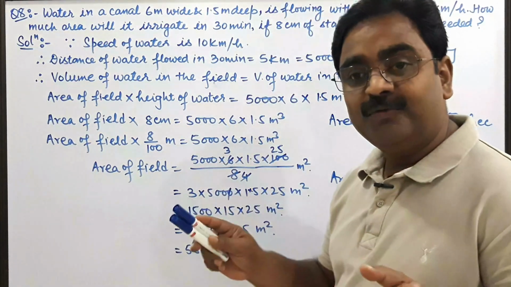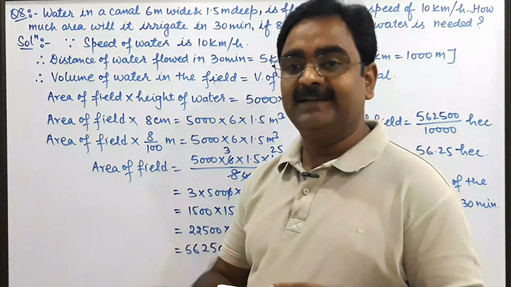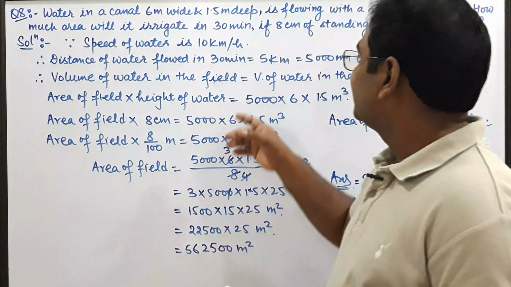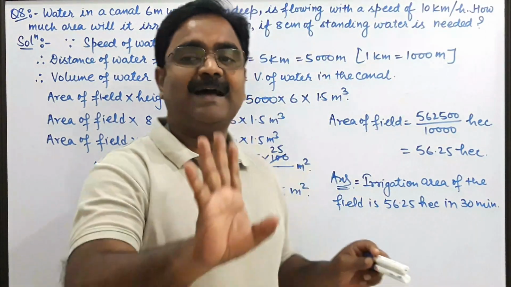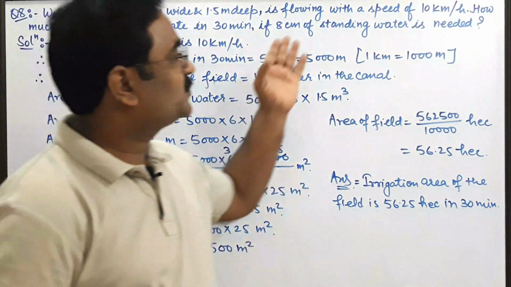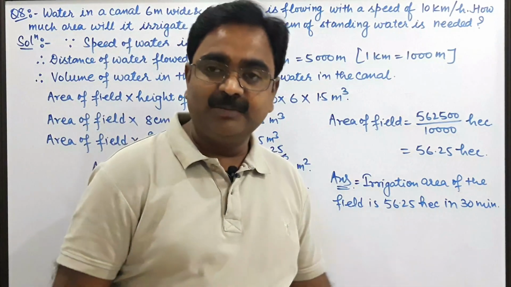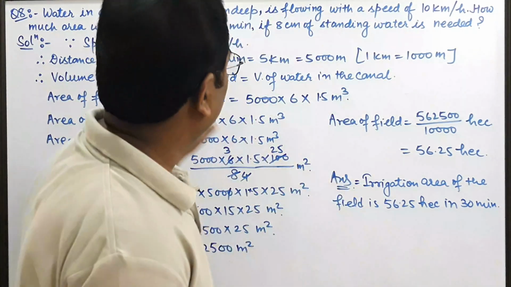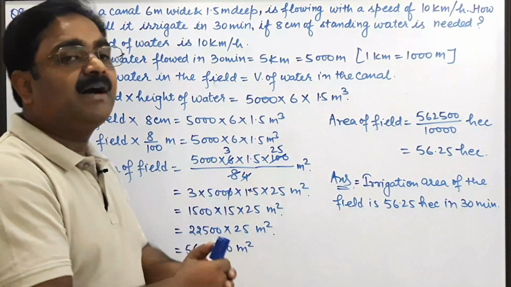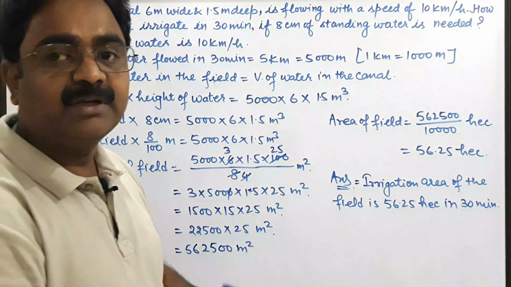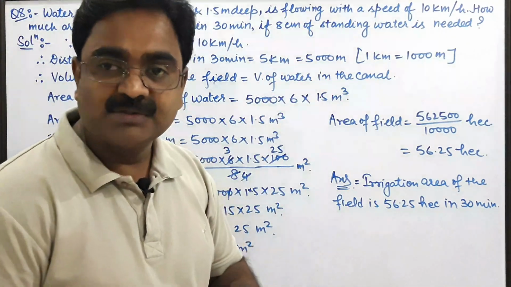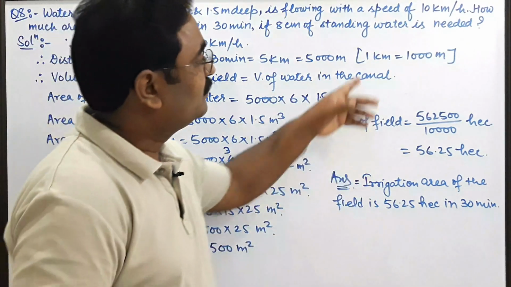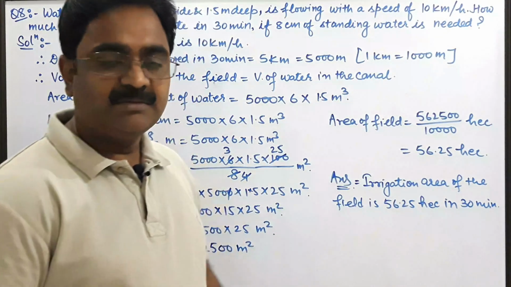The volume of water in the canal which is 5 km flowing in 30 minutes, in half an hour. As the speed of water was given 10 km per hour, the distance covered by the water in half an hour is 5 km, which is equals to 5,000 meter, because 1 km is equals to 1000 meter.